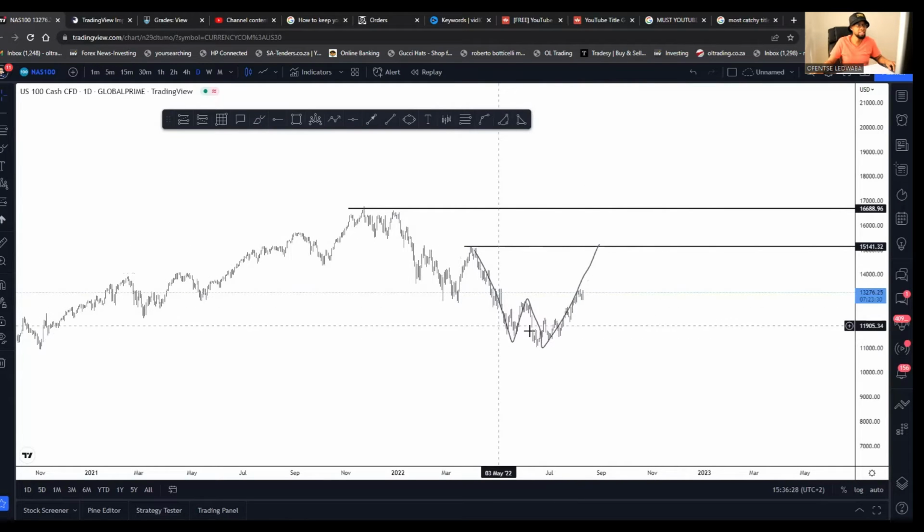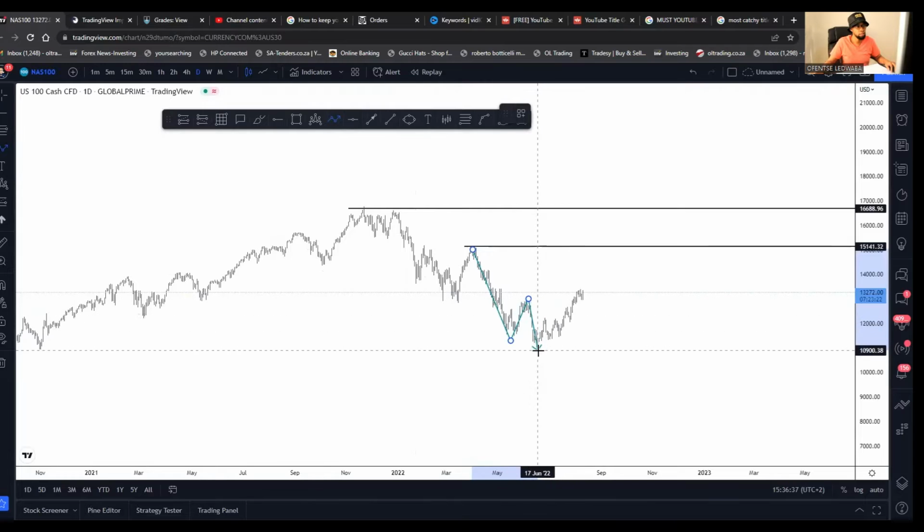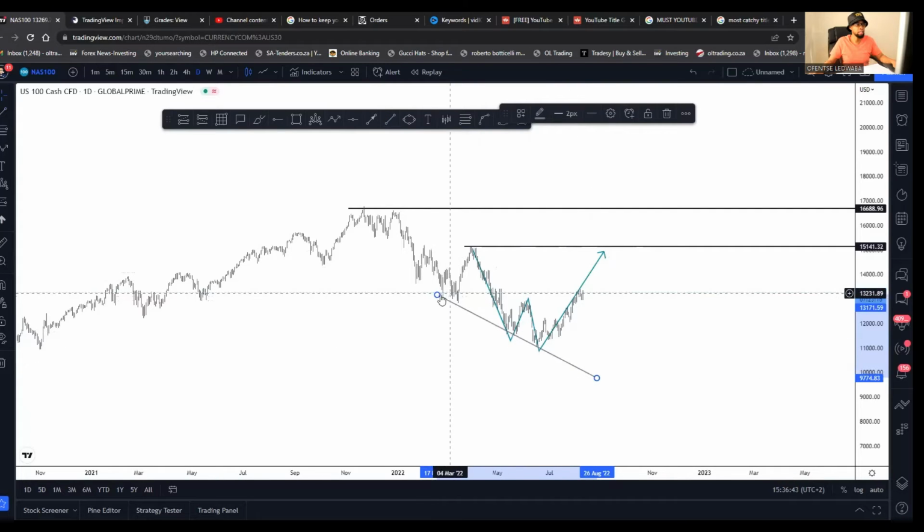And also you can see that this is a W formation, something like this, which also turns into a double top.